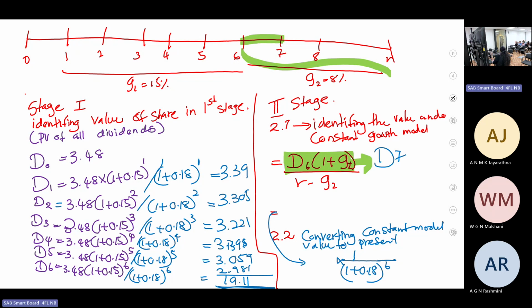But you can't take D0 multiplied by 1.15 to the power 7, because in the second stage the growth rate is different. So calculate D6 first.